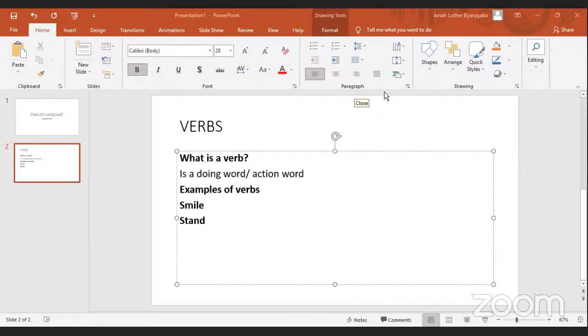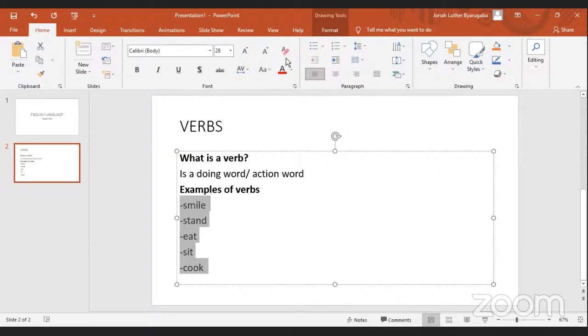One more to go. Eat. That's Nasha. She talked about sit and even cook as examples of verbs. That's beautiful.